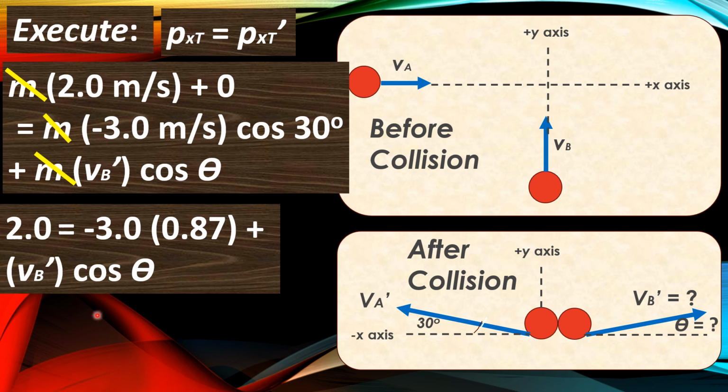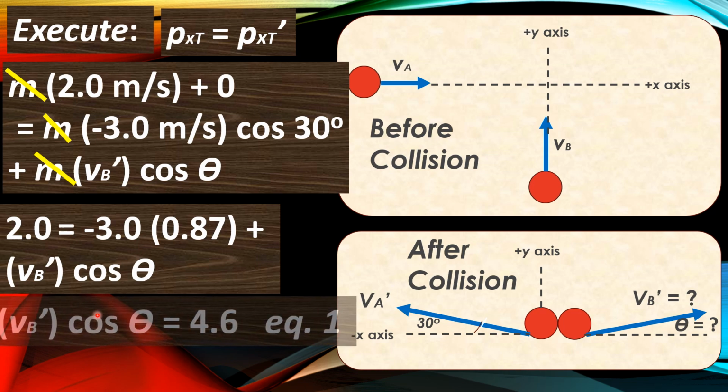So we will come up with a formula, v sub B prime multiplied by cosine theta equals 4.6, and we label this as our equation number 1.